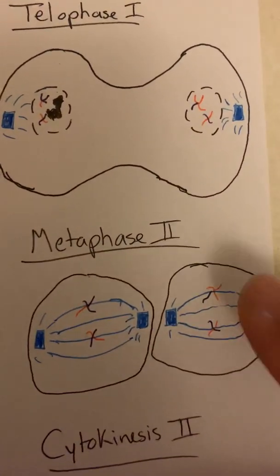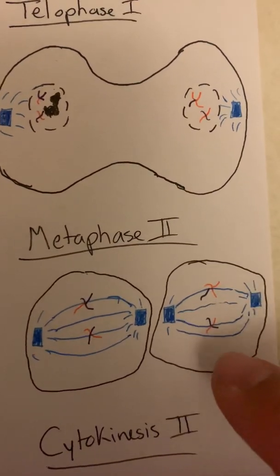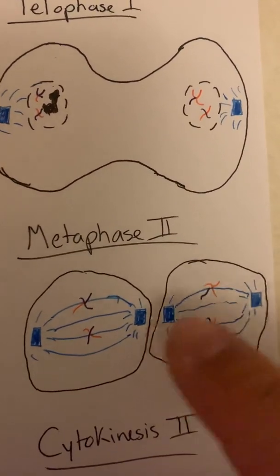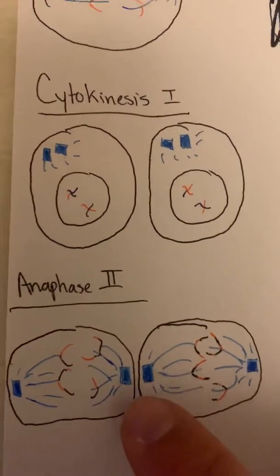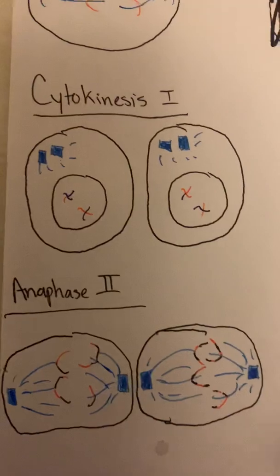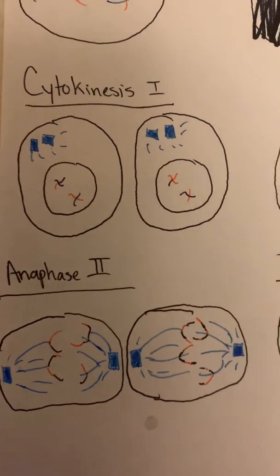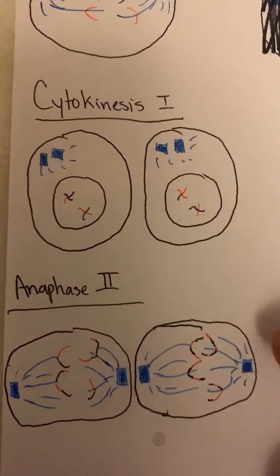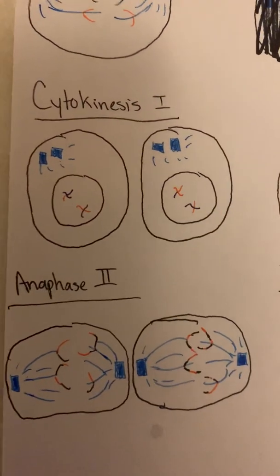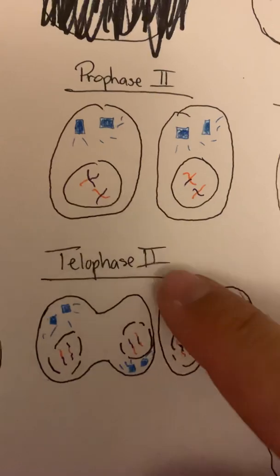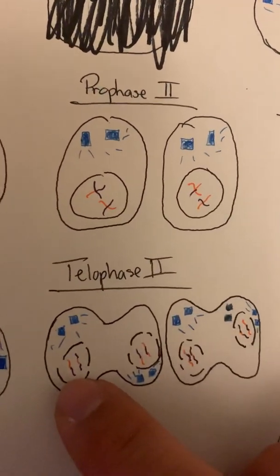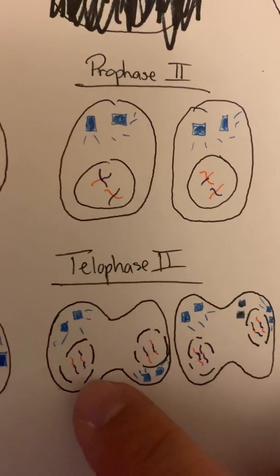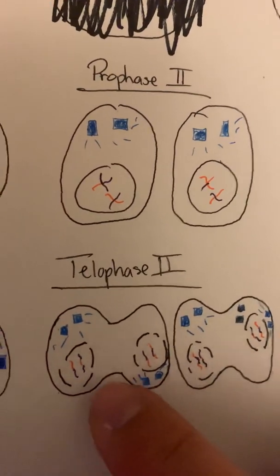They line up again, aligning in the middle of the spindles, so they can be pulled apart in anaphase 2. This is all the same. It's just a repetition of its first go around, except with half as many chromosomes to begin with. When we move over to telophase and they start splitting off into their respective cells, you can see that the chromosomes are cut in half once again.